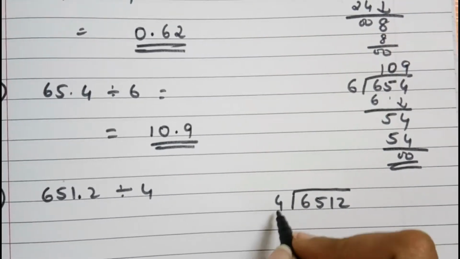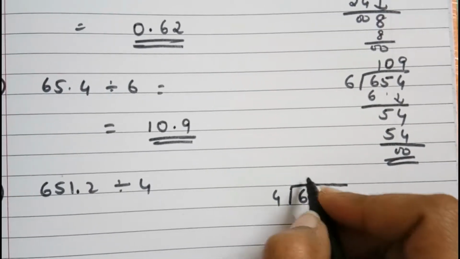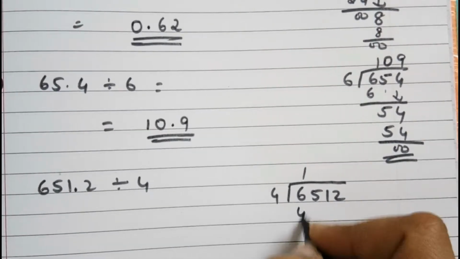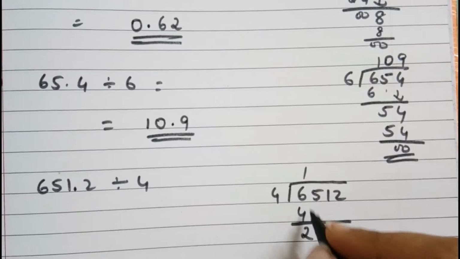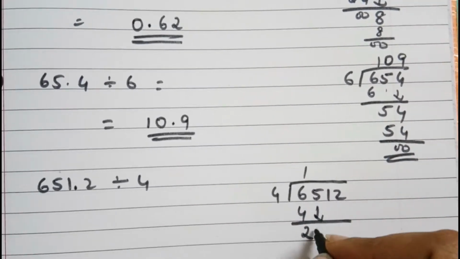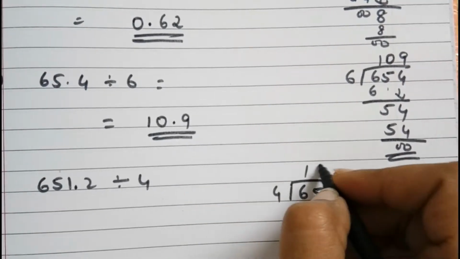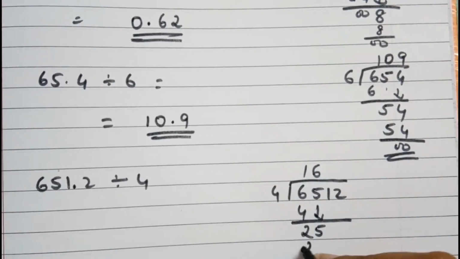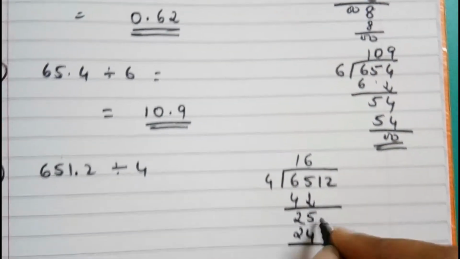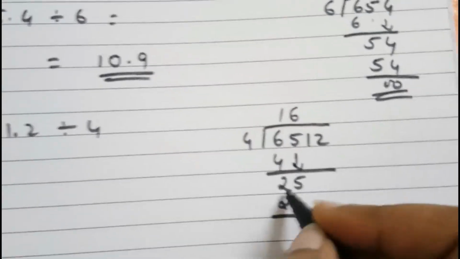Now since 6 is bigger than 4, we'll take one number. 4 will go in 6 how many times? One time. 4. Carry, bring down 2, because 6 minus 4 is 2. Next we bring down 5. 4 will go in 25 how many times? 6 times. 6 4s are 24. Put 1, because 5 minus 4 is 1 and 2 minus 2 is 0.